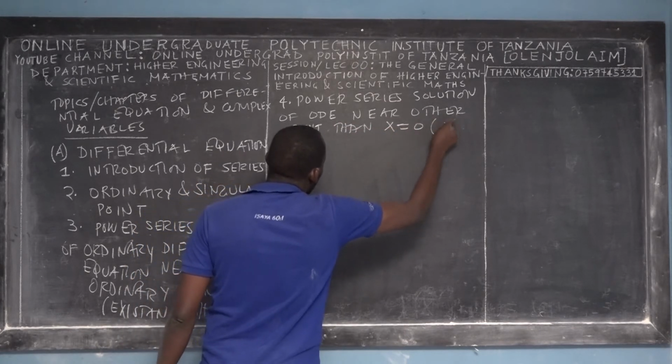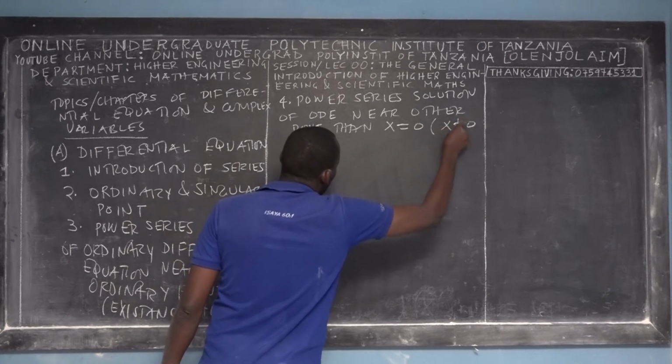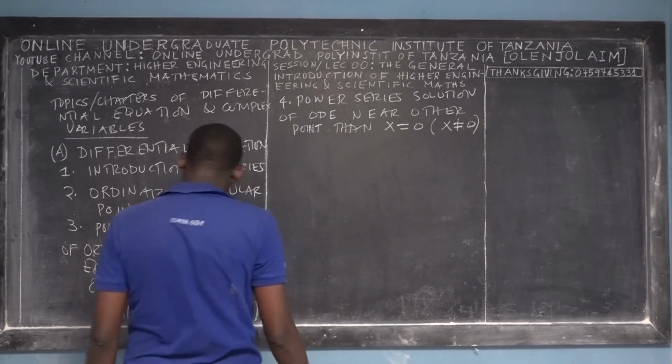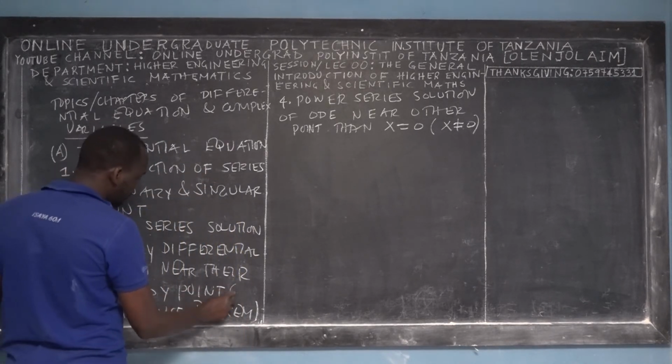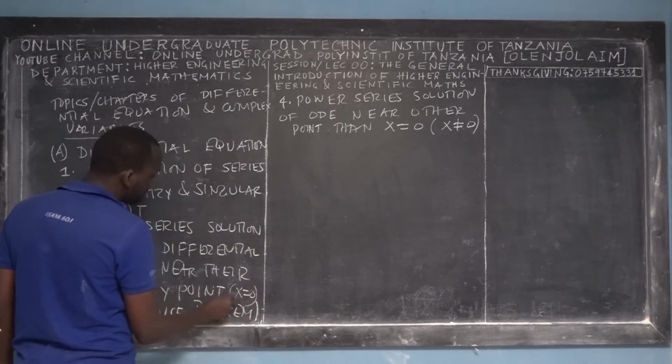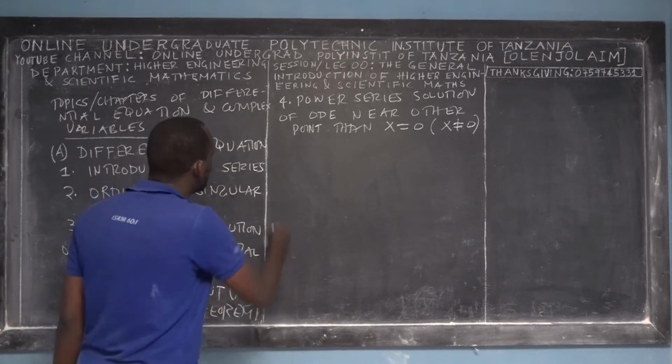So here we'll be dealing with an ordinary point where x is not equal to 0, so x is a certain value, while in the previous one we dealt with x equal to 0. I'll teach you what it means.